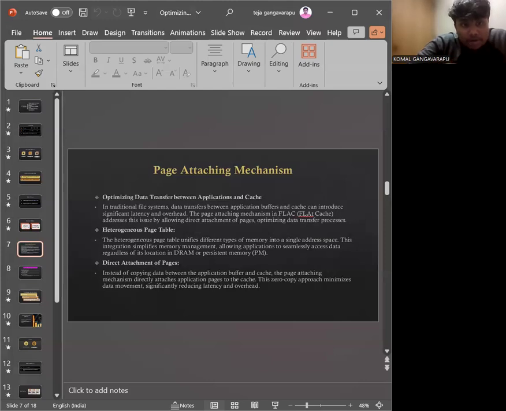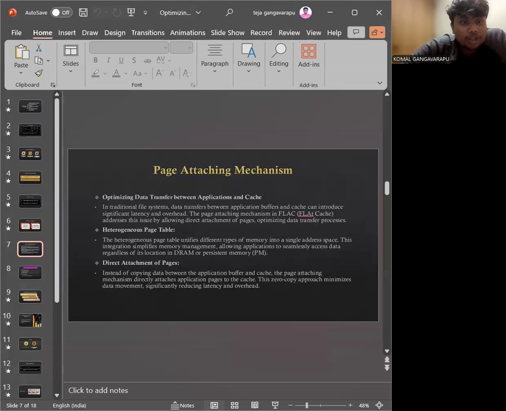The heterogeneous page table unifies different types of memory into a single address space. This integration simplifies memory management, allowing applications to seamlessly access data regardless of its location in DRAM or persistent memory.